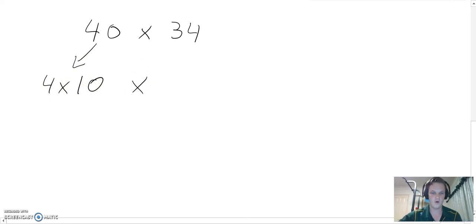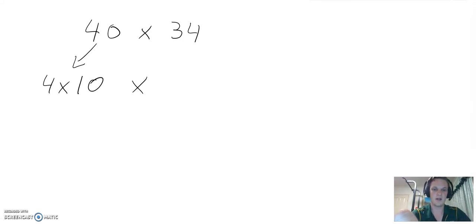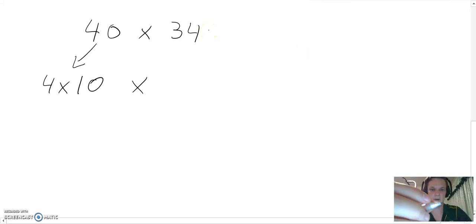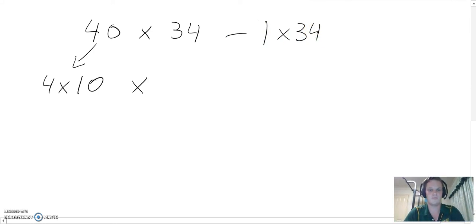Now 34 we can break up a couple of different ways. What are our factors of 34? Obviously we have 1 times 34. Another might be our 2 times tables.